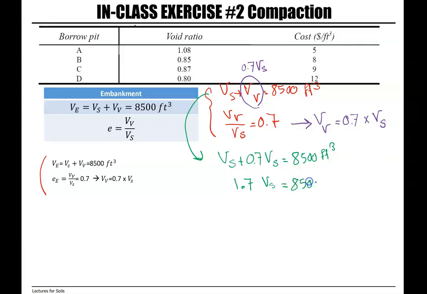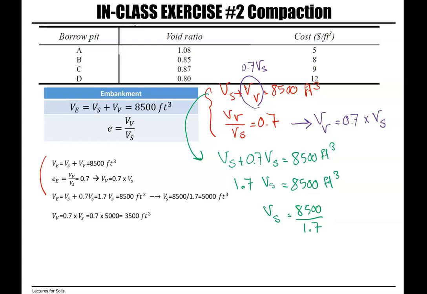So 1.7 volume of solids is equal to 8,500 cubic feet, which means that volume of solids is equal to 8,500 divided by 1.7. And that's equal to 5,000 cubic feet. Then you can calculate volume of void as 8,500 minus 5,000 or as 0.7 times 5,000.